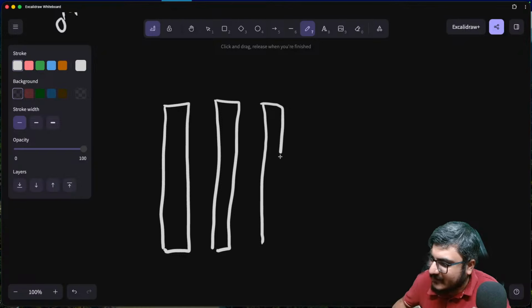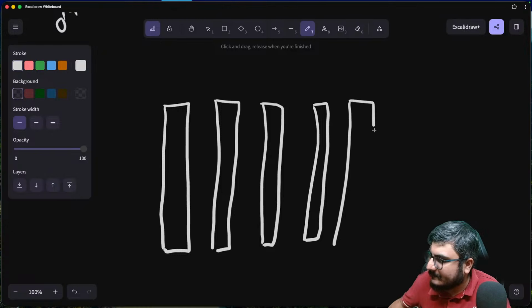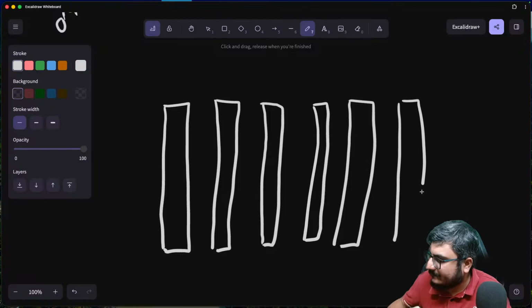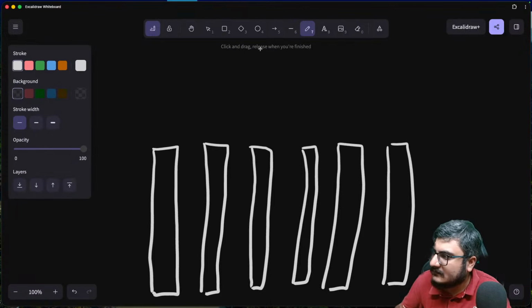Let's say we are solving for the ith pipe. Then we can first create wells like this. Let's say the AIth well is over here.